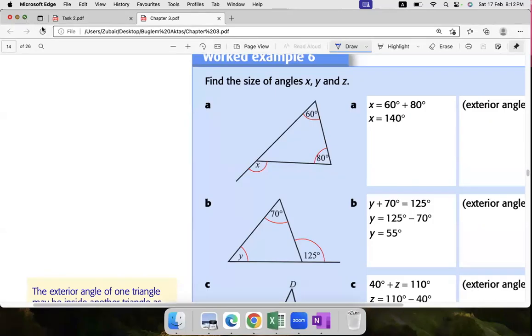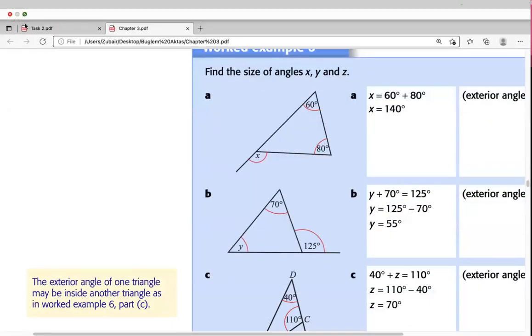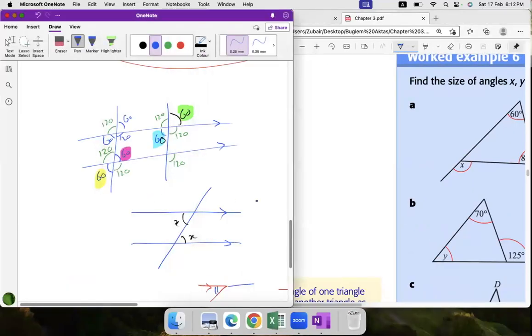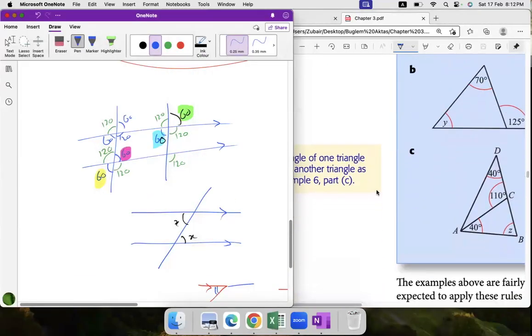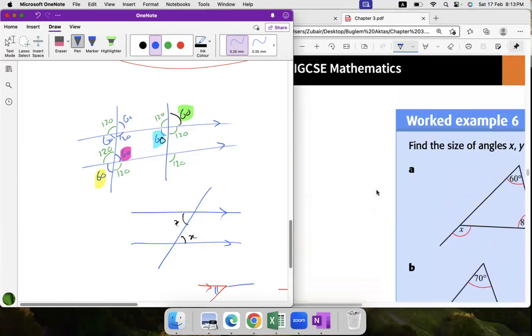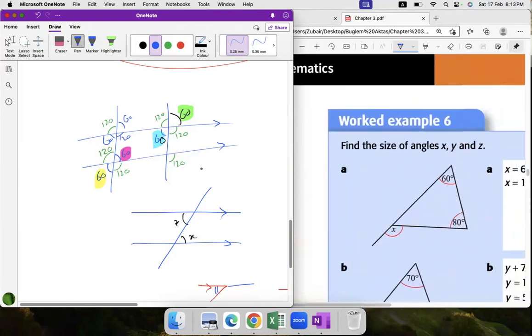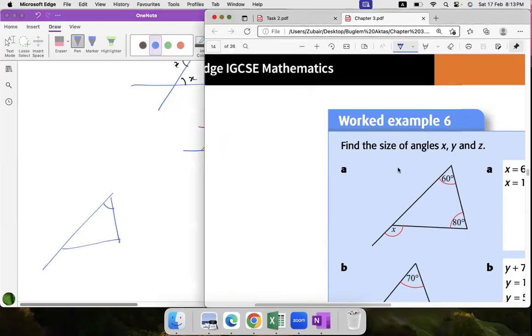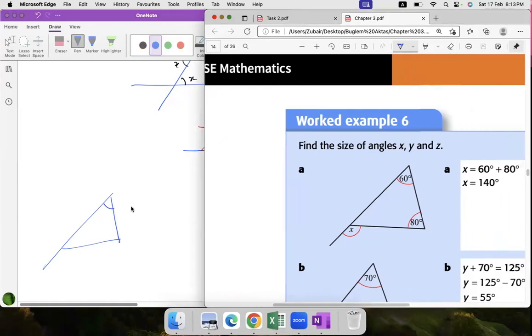I just want to discuss something else. Let me draw it. It's just 60 and 80 together, because it would be the exterior angle of the remaining angle, the two interior angles. This is actually what I wanted to discuss, and mashallah, you already know it.